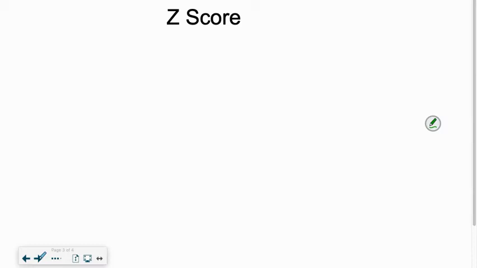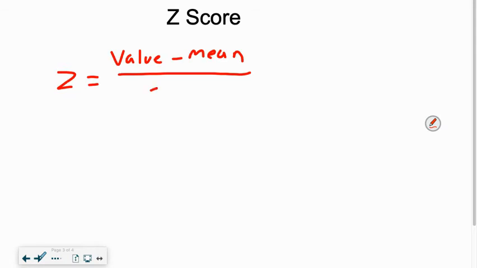A z-score. A z-score is given by this formula: value minus mean over standard deviation. Now this will tell you how many standard deviations above or below the mean you are.